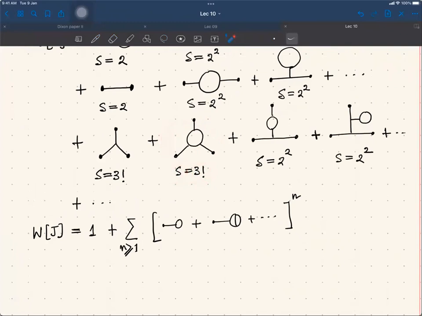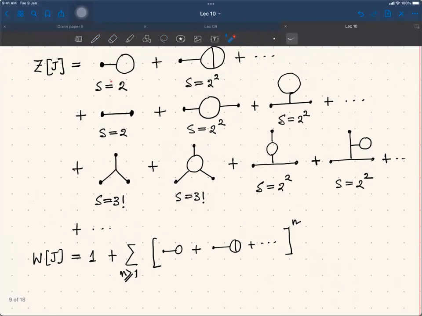If I were writing 1 over the symmetry factor outside for every term, then the Feynman rules would not have a symmetry factor. But while writing the sum of these terms in Z, you need to figure out those factors in each case. It's just a convention. Either you could write the symmetry factors outside the diagram, in which case the Feynman rules would not have the last rule that multiplies by the overall symmetry factor, because it's already there.